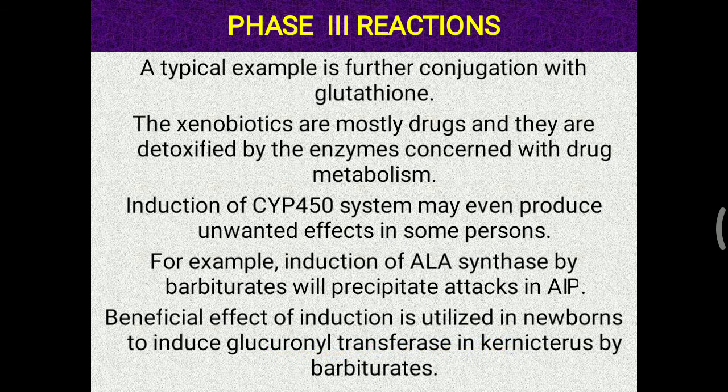When barbiturate is given, glucuronyl transferase activity will increase in that child, and with increased activity, more bilirubin will be conjugated and excreted from the body. So barbiturate is dangerous in a patient of acute intermittent porphyria, but the same barbiturate's enzyme induction can be helpful in a patient of kernicterus. So depending on the condition, that drug will be utilized.